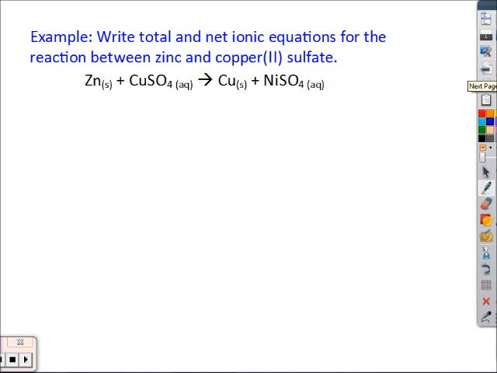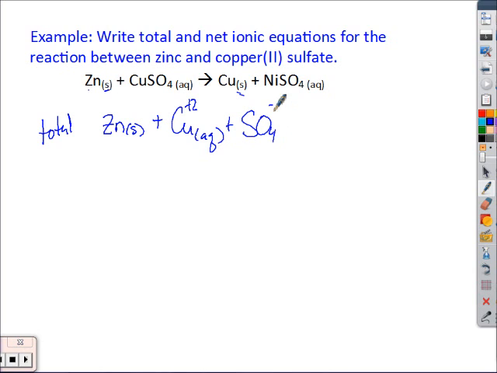One quick example we're going to show you is the zinc. It doesn't have to be double displacement. It can be things like zinc, which is a solid, and copper sulfate. So if I write this out as the total ionic equation, zinc is a solid. It remains solid. Copper is aqueous. It has a +2 charge. The sulfate ion has a 2- charge, and it's also aqueous.